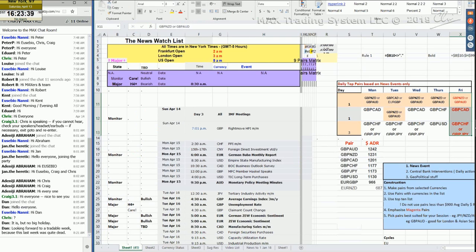Does anybody have any questions about that? Okay, I have to do my incantation. Anything that's marked with a major can influence the pairs. Any currency that is marked as a major could impact if there's a surprise on that news when it comes out, which means something like an extra 20% or less than 20% of what they're expecting.